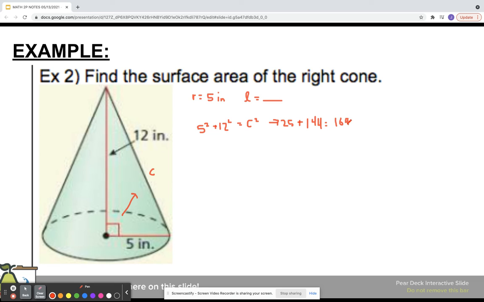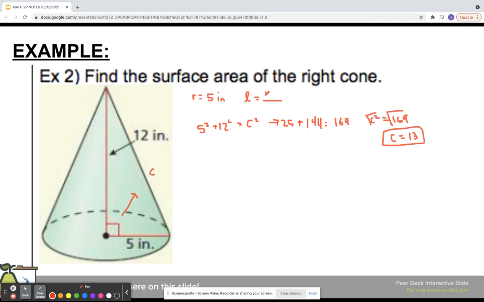And then C squared equals 169. I'm going to go ahead and take the square root of both those sides. And C is going to be equal to, I know it's technically plus or minus 13, but we're only going to go with the positive value of 13 because we're talking about the slant length of this cone.